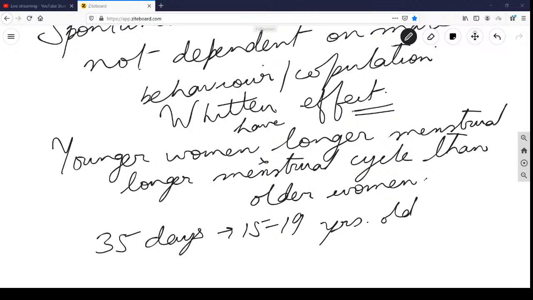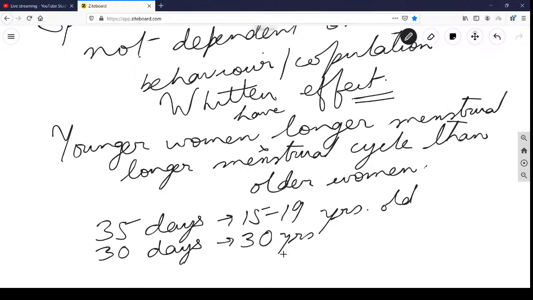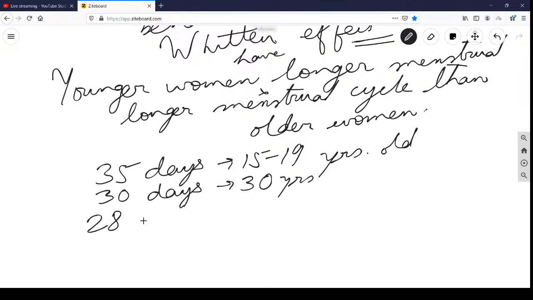It is about 30 days in 30-year-olds and 28 days in 25-year-olds. And then what is written in your book, 28 days, is mostly found in women who are 35 years or older. That has been found in research.